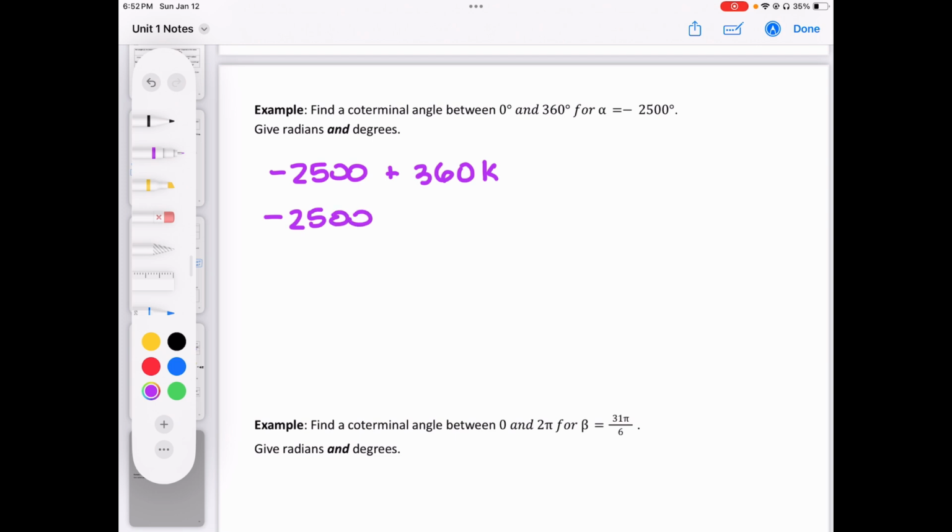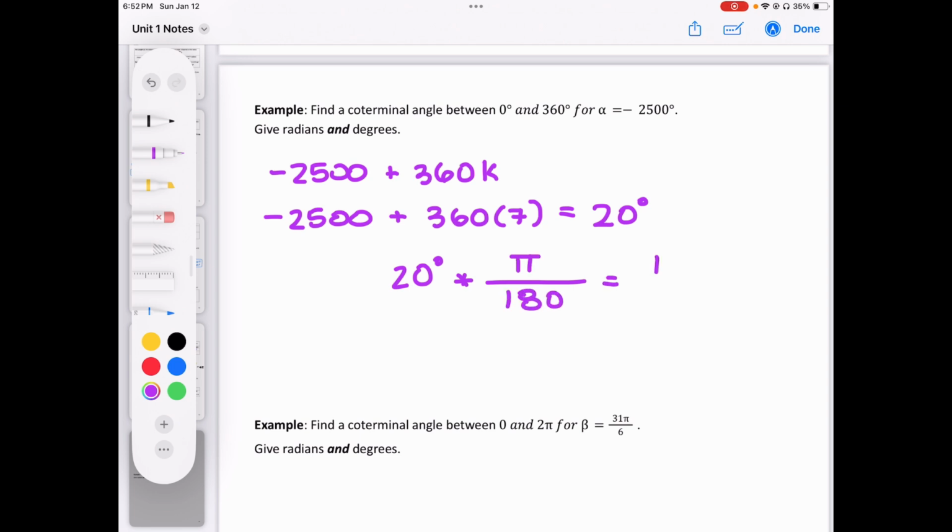And I know that 7 might do that. If you need to, you can just add 360 until you get into that acceptable range. That's totally fine. We're going to get 20 degrees. Okay. Now, if we want to convert that to radians, we have 20 degrees times pi over 180, which is going to be pi over 9 radians. Okay.